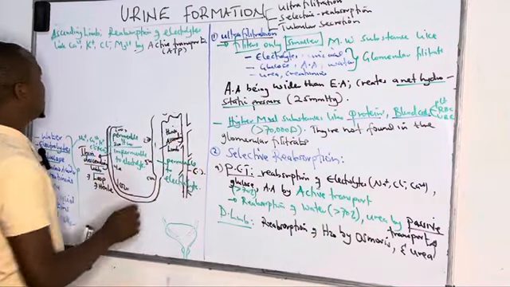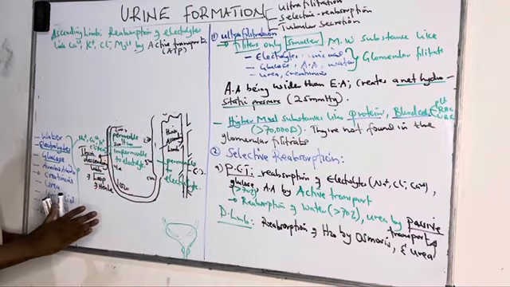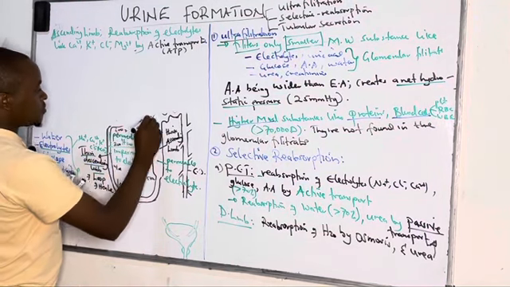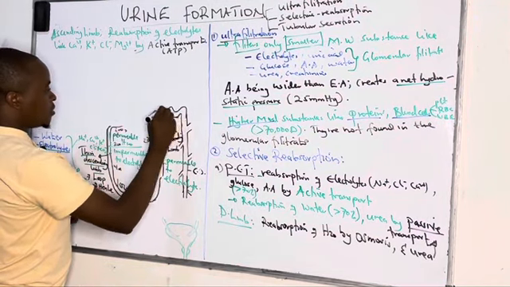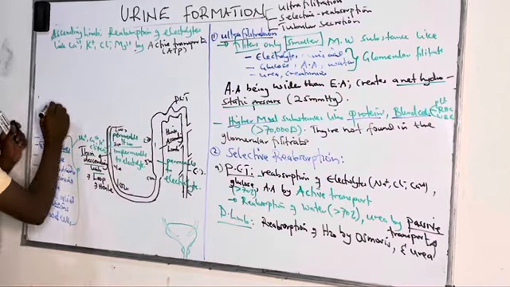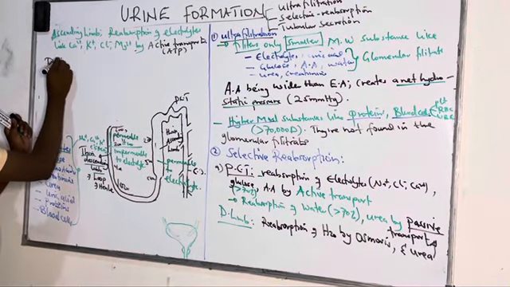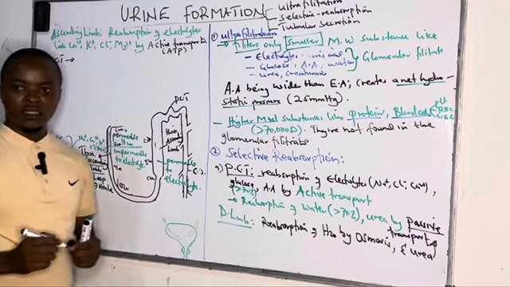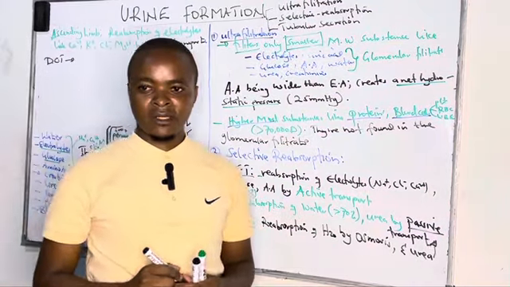After leaving the loop of Henle, we now go into the distal convoluted tubule. This is the distal convoluted tubule, which is folded, and in the DCT, we see majorly reabsorption under the influence of hormones.